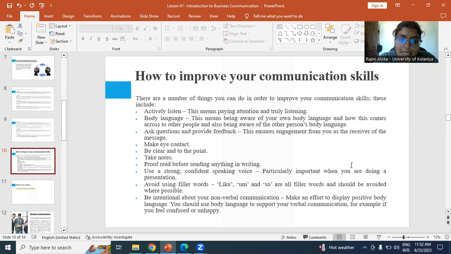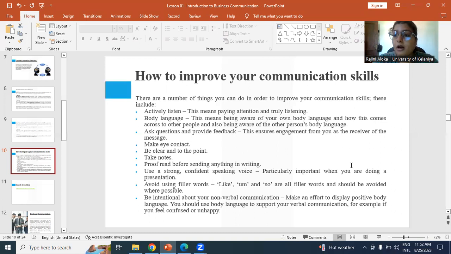Then we have: be intentional about your nonverbal communication. Make an effort to display positive body language. You should use body language to support your verbal communication, for example, if you feel confused or unhappy. Your whole body can be used for nonverbal communication, and people can interpret a lot of things from your body language.